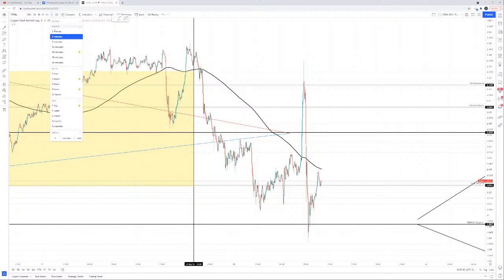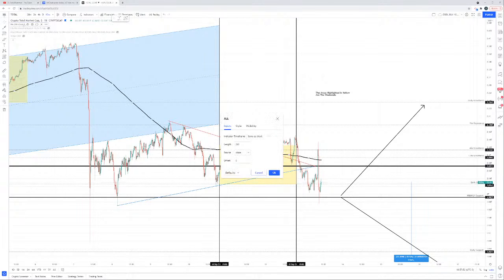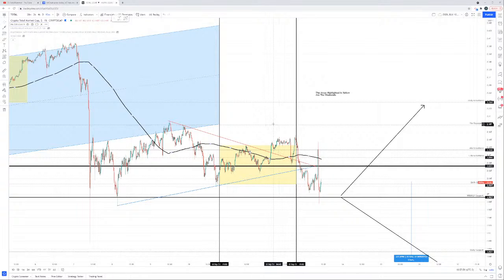We could see this continue a bit longer. Then the next thing that I would be looking at, oh, I actually just want to change this back to my 200. And I bet you that 3-minute time frame is going to look a little different.